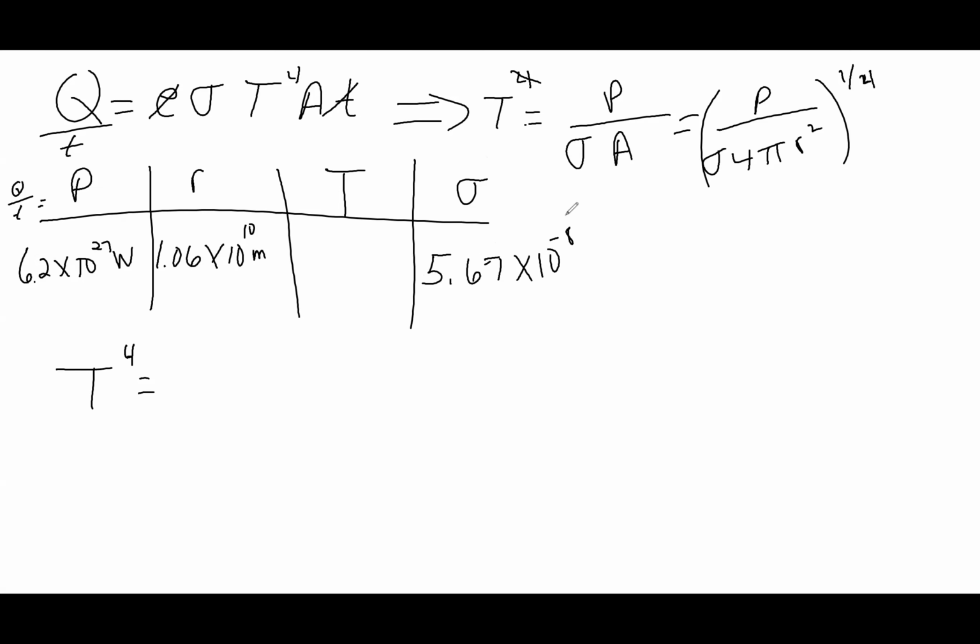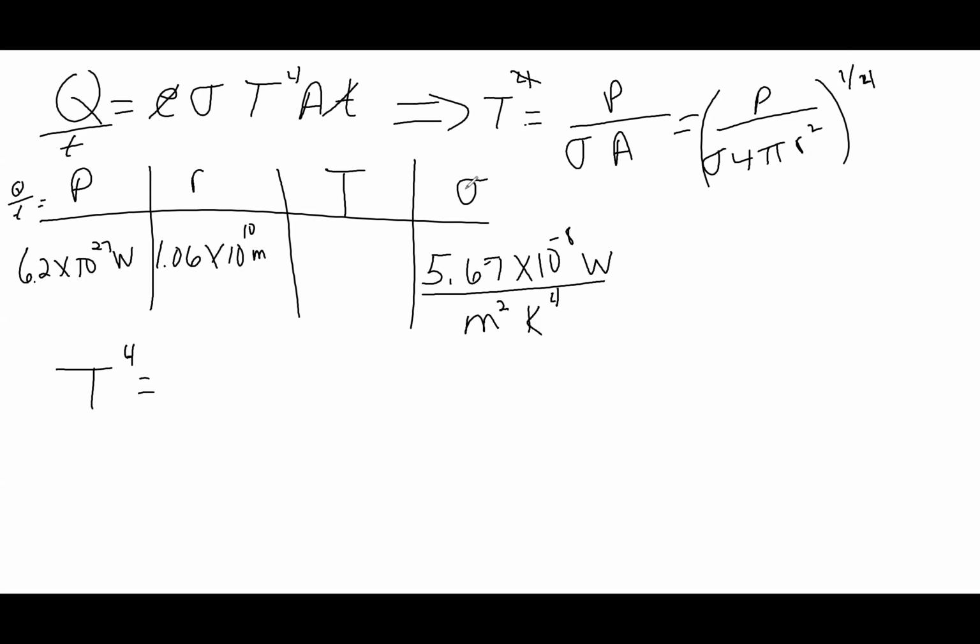And remember, a joule per second is just a watt. So we just call that a watt divided by, since we have watts here, meter square. And then Kelvin to the what? To the fourth power. That's that number.